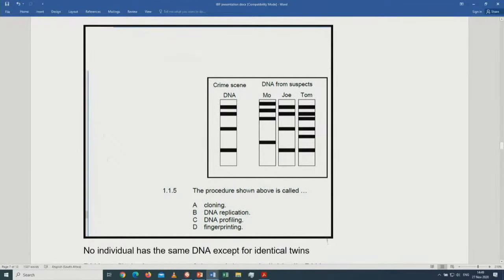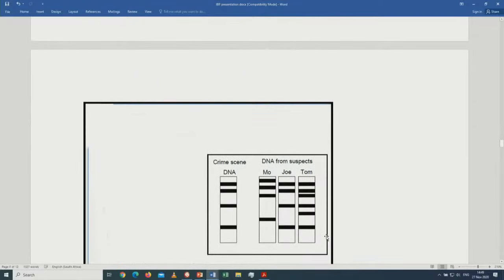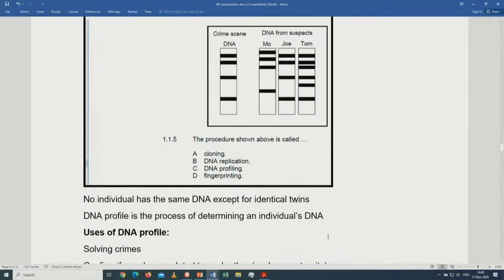Now in DNA profiling, there are so many uses of DNA profiling. It can be used to solve crimes, to determine paternity. In organ donation, we see if the organs will be a match, and so on. It is very important.